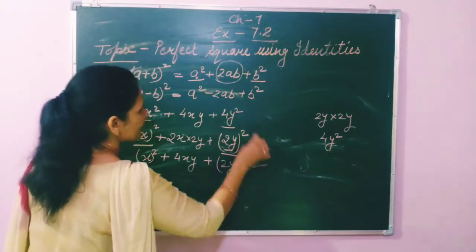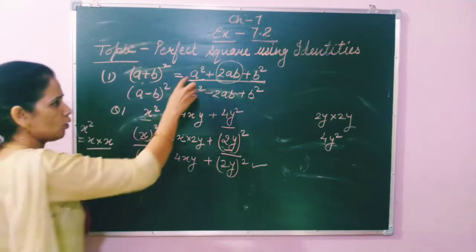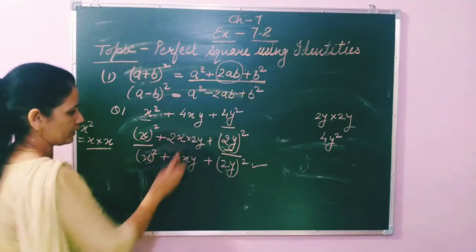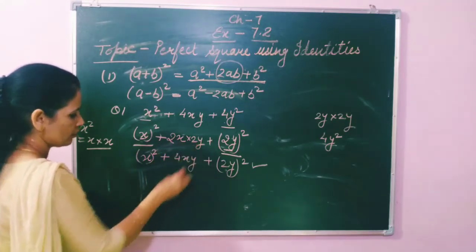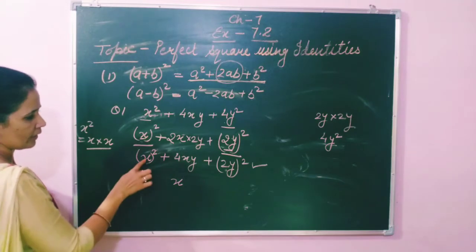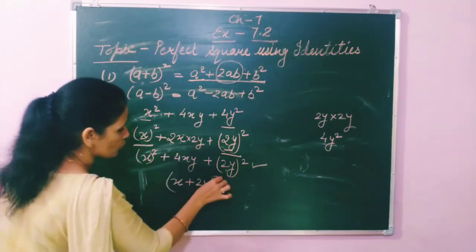It is fully satisfied with the expanded form of the first identity: a square, b square and 2ab. So we can write directly in the form of factor (x plus 2y) whole square.